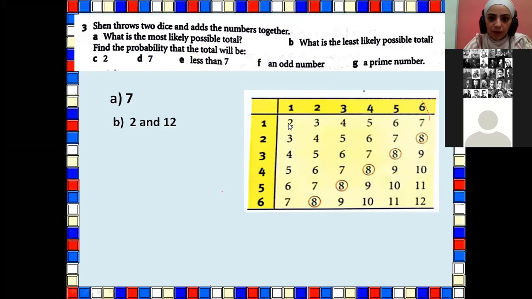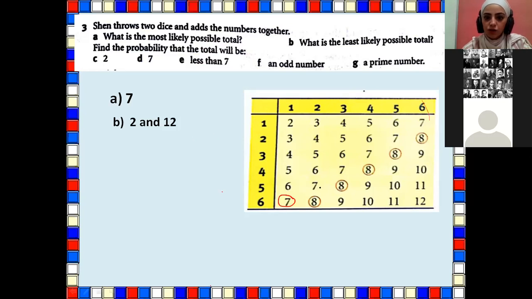Less than 7, there are 21 out of 36. Less? No, not less than 7. We are in D. Oh, 7? Yes, exactly 7. How many 7s do we have? There's 6. 1, 2, 3, 4, 5, 6.